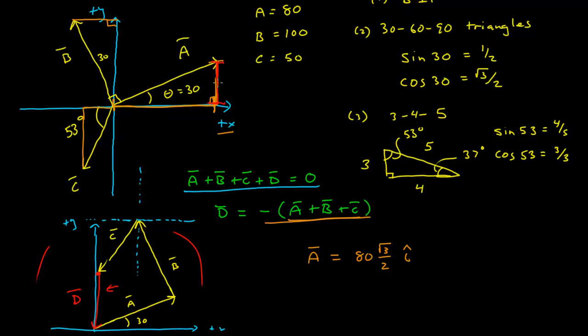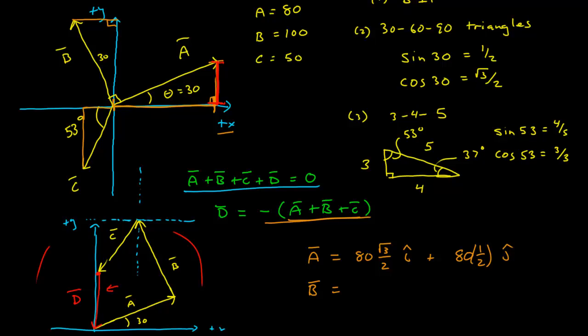Here the y component is going to be the length of that triangle, and so that is the hypotenuse times the sine of the angle, which is 1/2, and it's also in the positive y direction. Okay, so now B, the vector B.